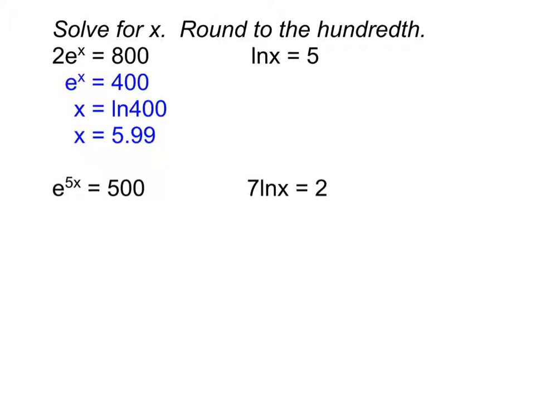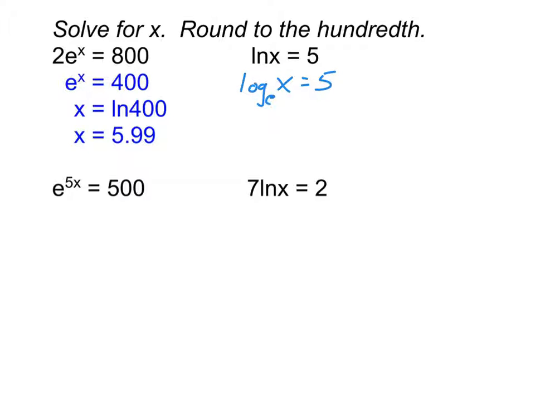And then from there, let's go to the next problem over. Let's do ln x equals 5 and see how we solve that equation. In order to solve the natural log of x equals 5, at first, and you won't have to do this in the long run, it might help you to take your ln x and rewrite it as log base e of x.